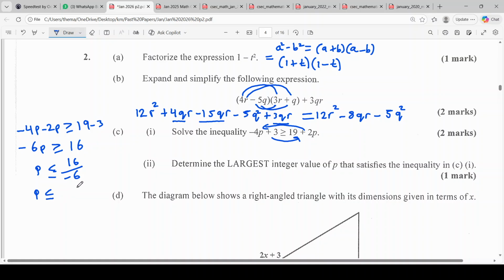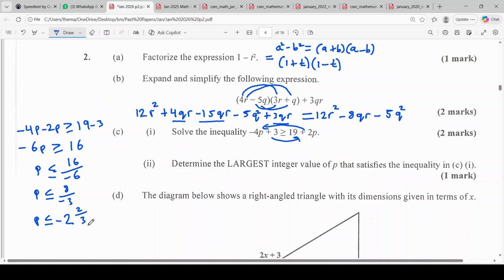That is how much? 2 into 16 is 8, 2 into negative 6 is negative 3. So we get p is less than or equal to negative 8 over 3, which is negative 2 and 2/3. Right, so p is less than or equal to negative 2 and 2/3.